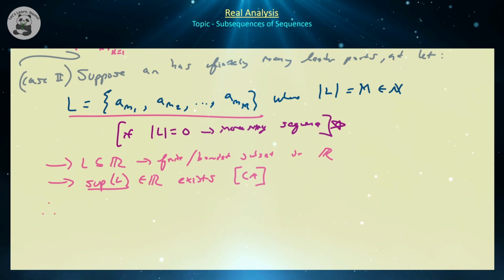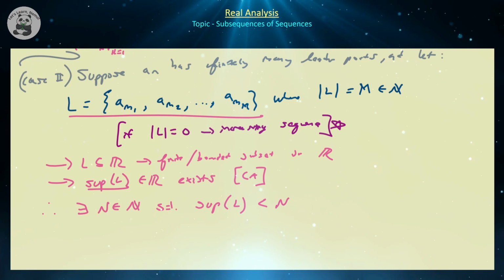So that also means that there exists an n in the set of natural numbers such that the supremum, which is just a real number, is less than that natural number, because we know that the natural numbers are not bounded above in the set of real numbers. That's just the Archimedean principle that I'm quoting.